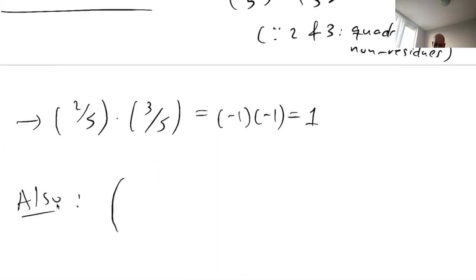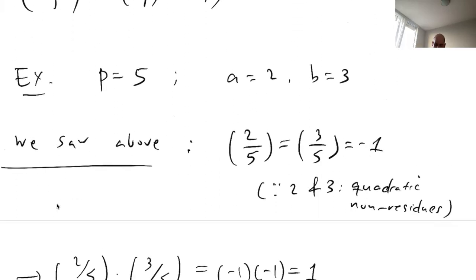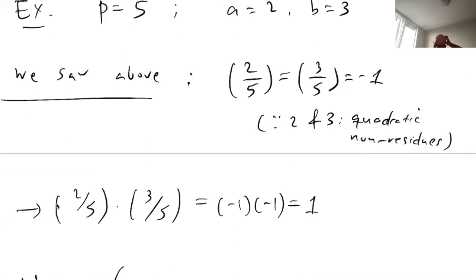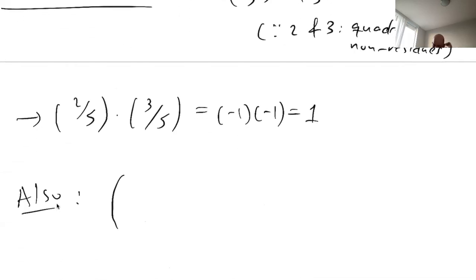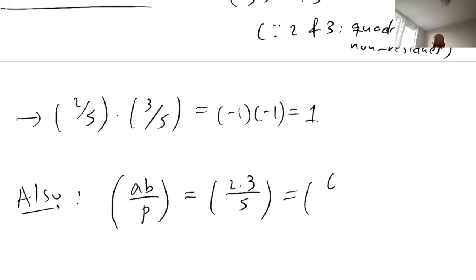So my A here is 2, B is 3. A over P times B over P will be -1 times -1, which is 1. What about AB over P? 2 times 3 over 5. So that's 6/5. But what is 6? 6 is the same as 1, right?